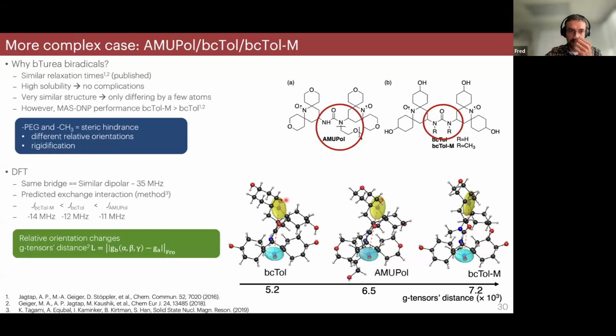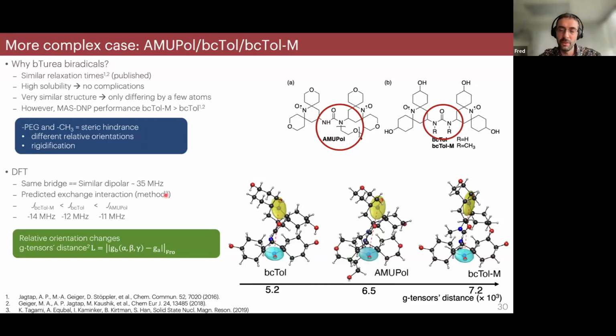You can quantify this using the G-tensor distance, which is a metric that can measure how differently oriented the two radicals are. And the G-tensor distance actually increases with substitution. When you look at the DFT, the dipolar coupling and the exchange interactions are all predicted to be of the same order of magnitude.